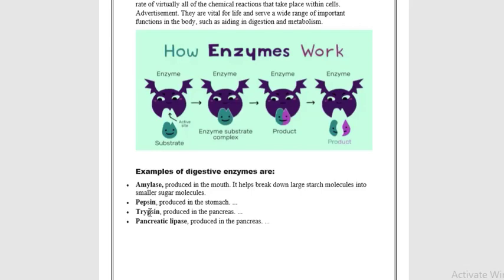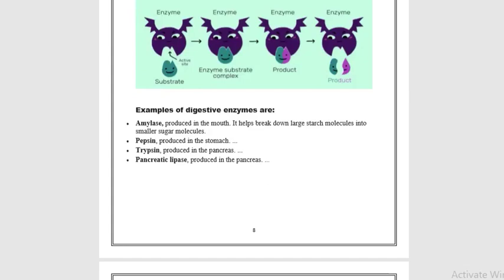Trypsin is produced in the pancreas and also has a specific substrate, and so on. Then the enzyme works on its substrate to produce a product. Here, the enzyme breaks down its substrate to form a new product, and this is very important to many vital processes inside our body.